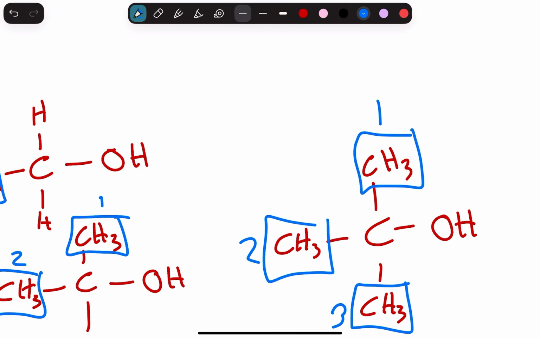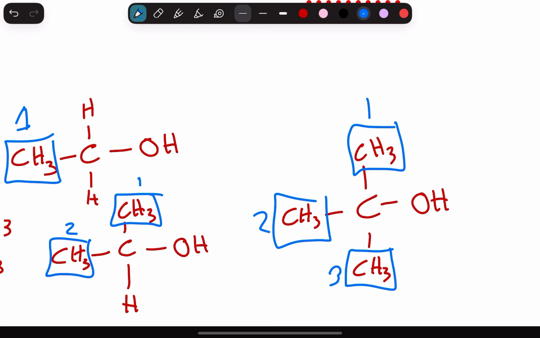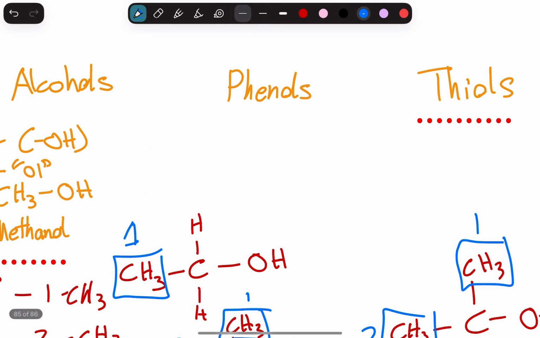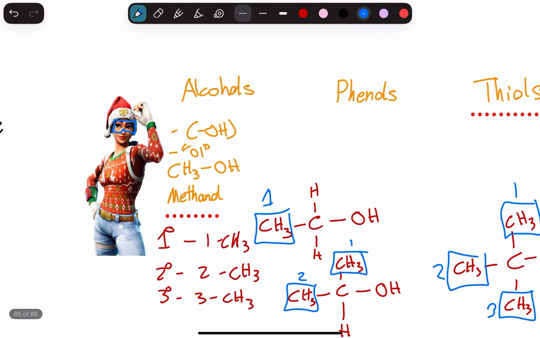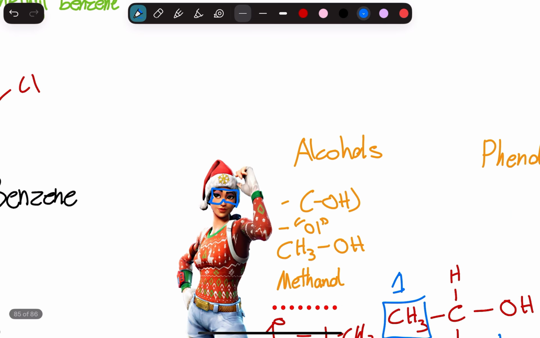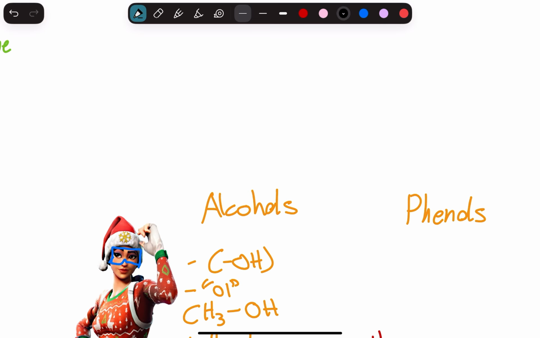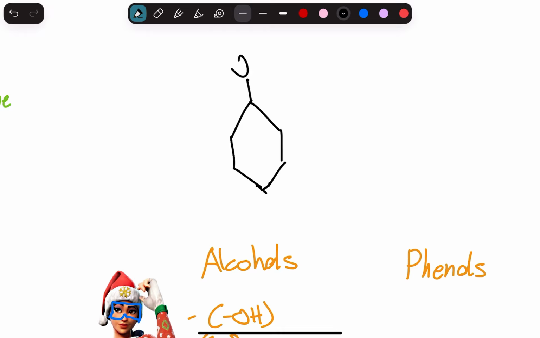So let's do some examples with naming alcohols. Let's say we have something that looks like this. What would this be? So automatically we know that it's not benzene because it doesn't have the circle or the alternating double bonds. So this is just going to be a regular cycloalkane.